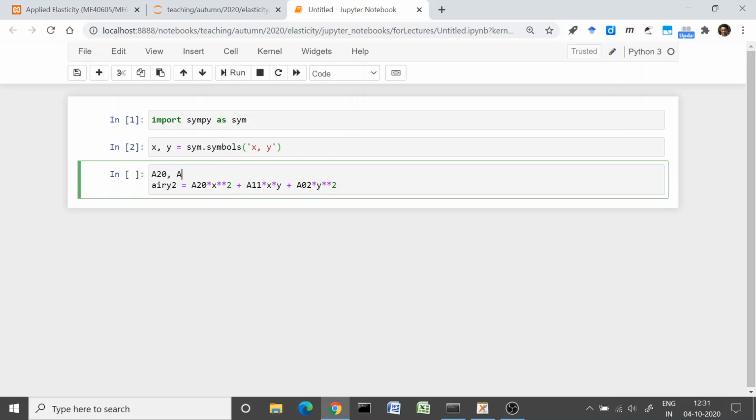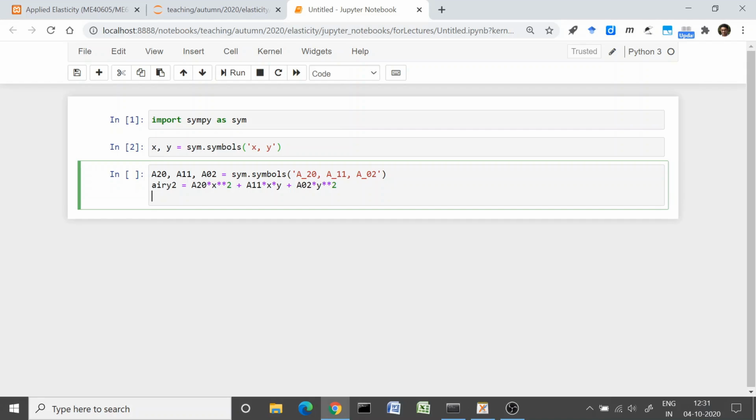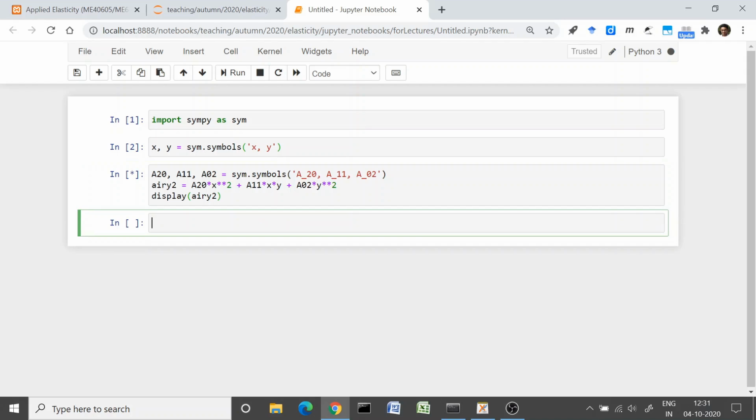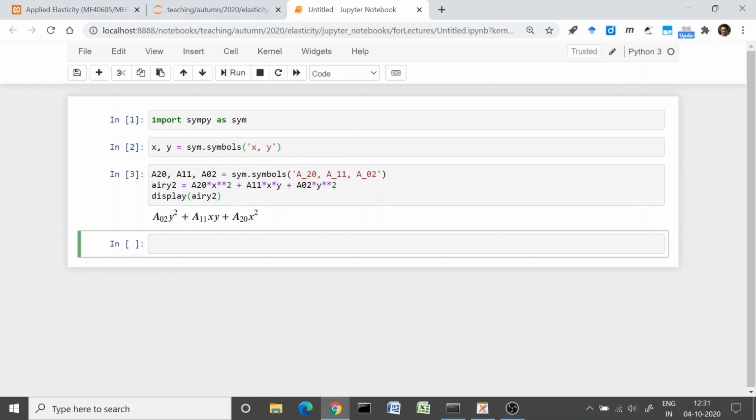So a20, a11, a02 is equal to sim.symbols, just like we had done in the introductory videos. So that's it. We can also display this a little bit. So that's our Airy stress function considering only the quadratic terms.